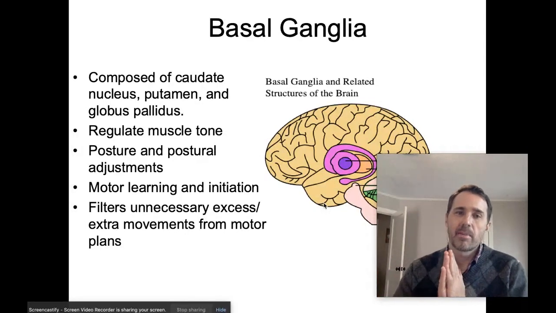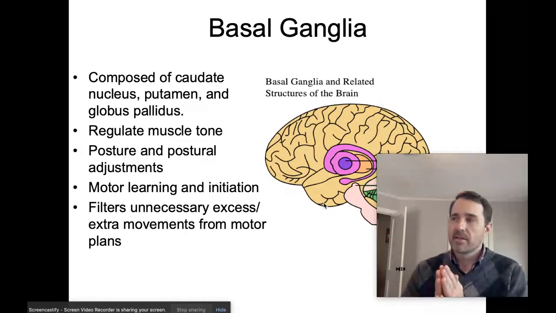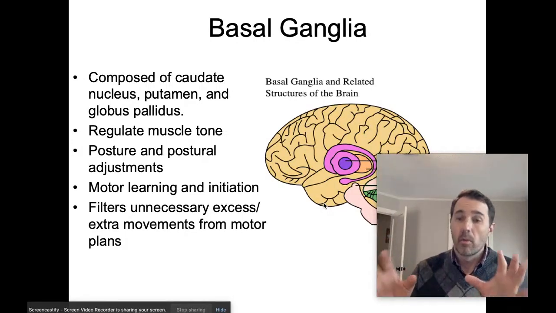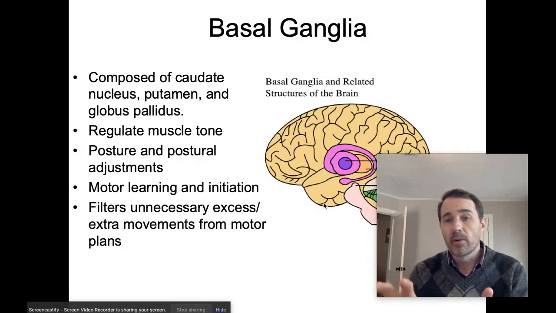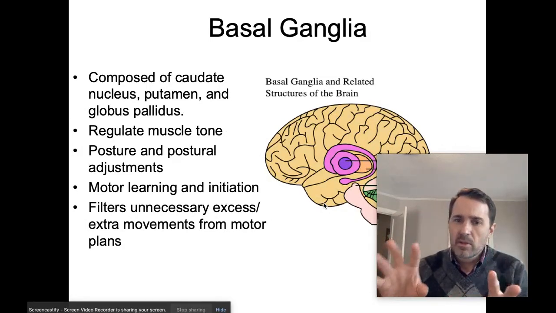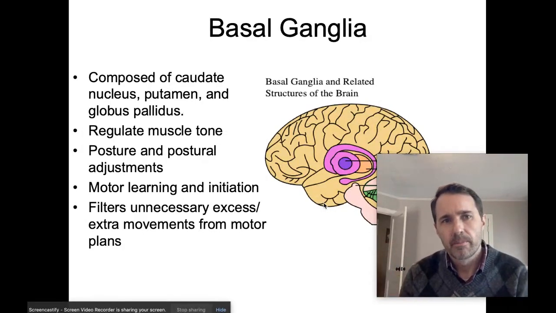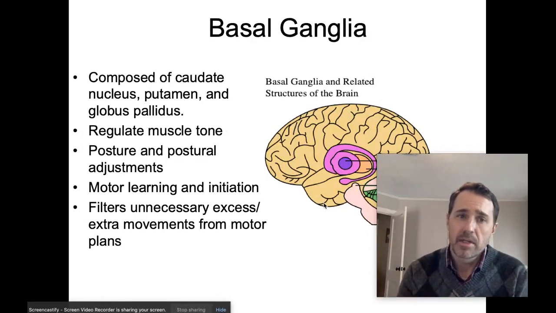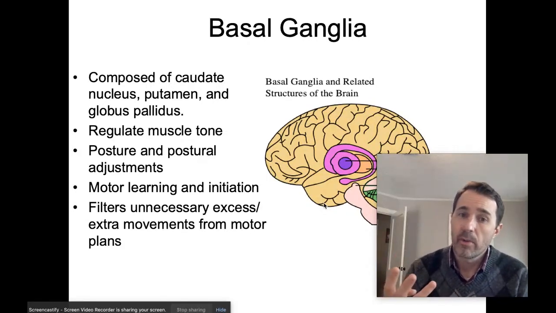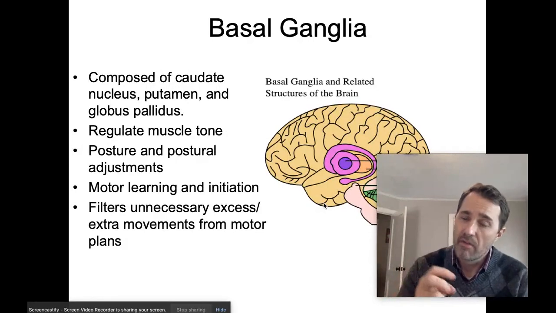And I'm going to talk about the basal ganglia as a singular structure or a paired structure. You have a right and a left. But the basal ganglia is really two sets, paired sets of smaller structures. The caudate nucleus, the putamen, and the globus pallidus are three of the structures of the basal ganglia.